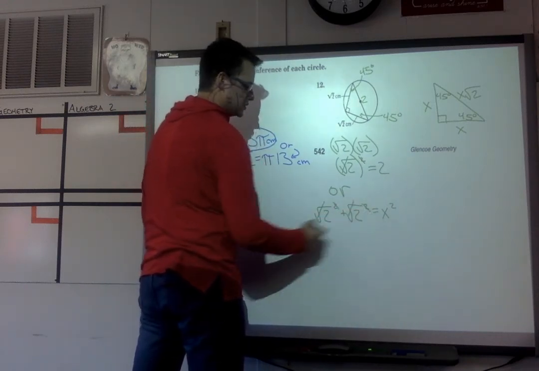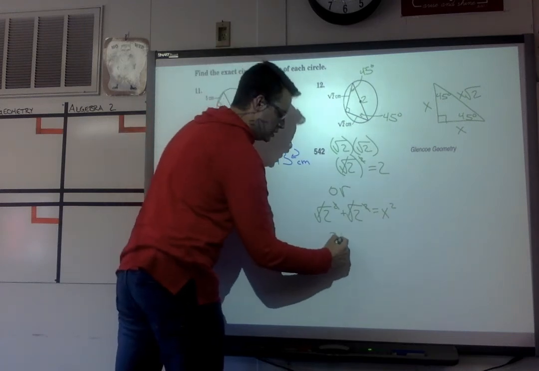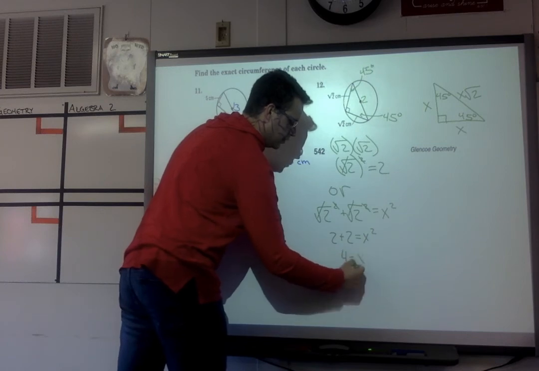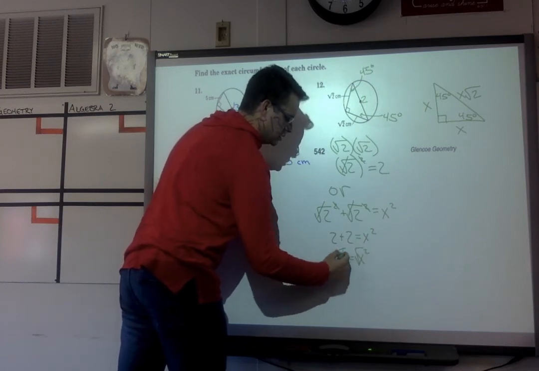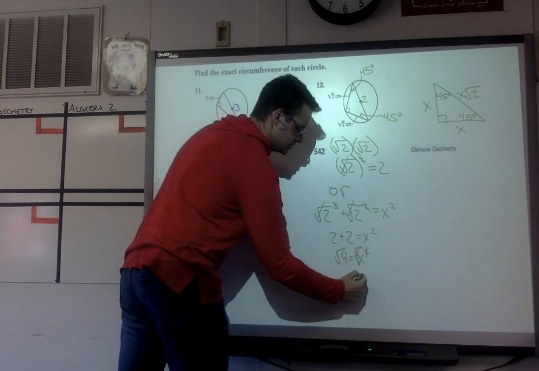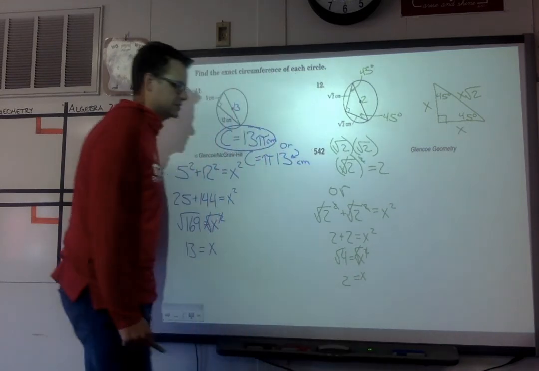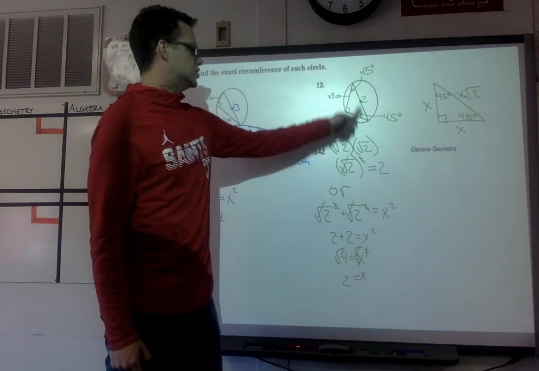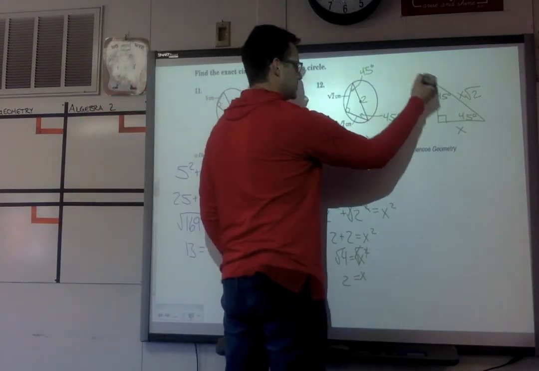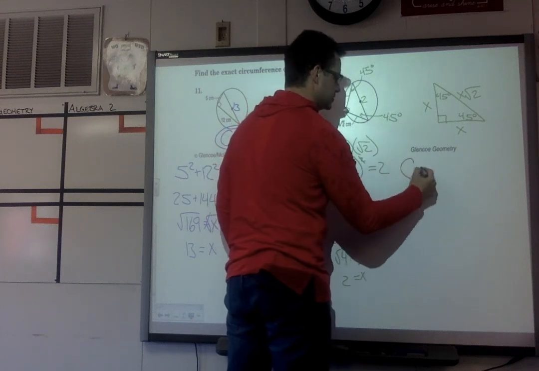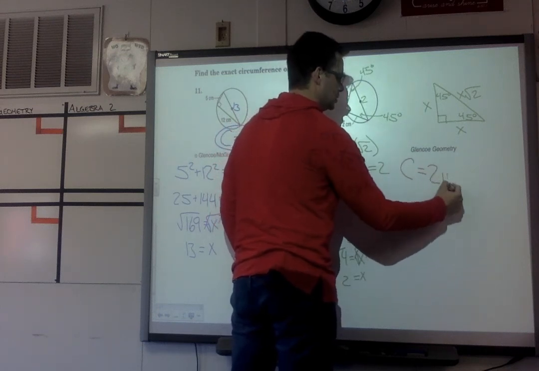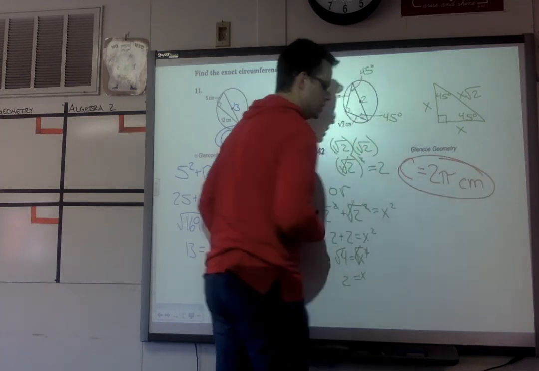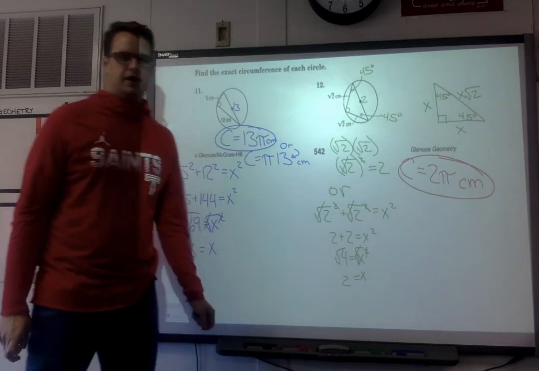Here again, square root and square cancel. We get 2 plus 2 equals x squared, or 4 equals x squared. Take the square root of both sides, and x equals 2. So now that we found that diameter of 2 centimeters, we can say that our exact circumference would be 2 times pi centimeters. And that would be our answer there.